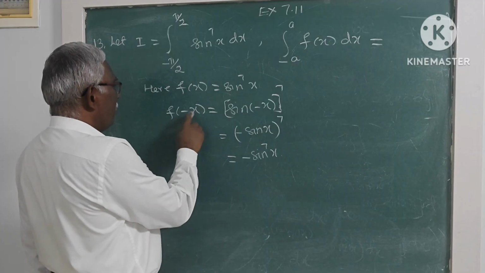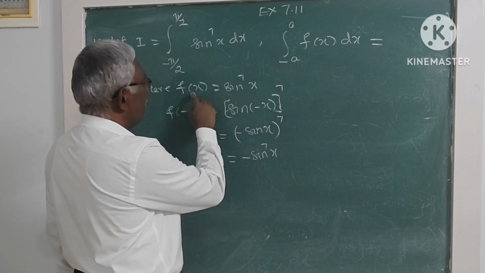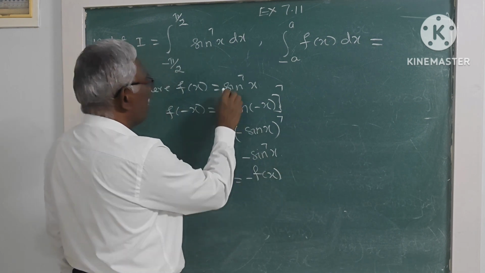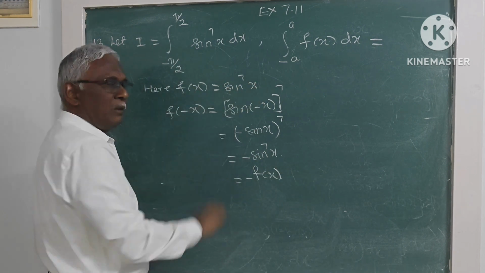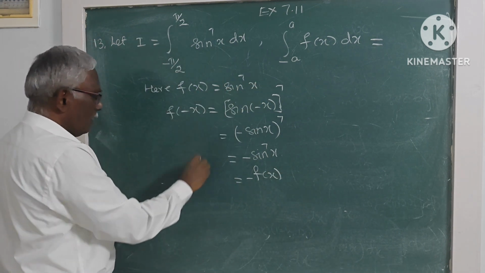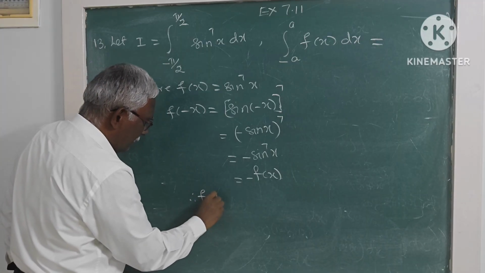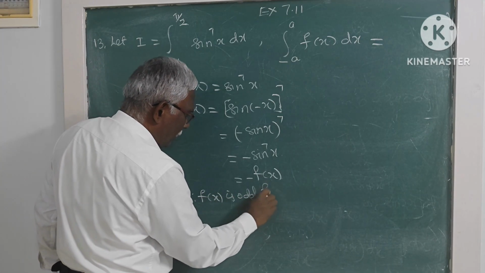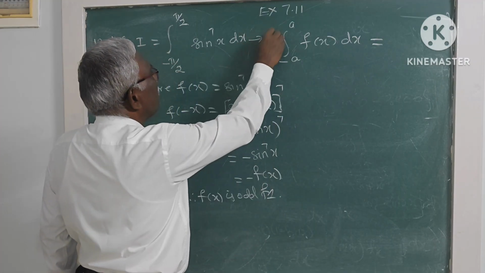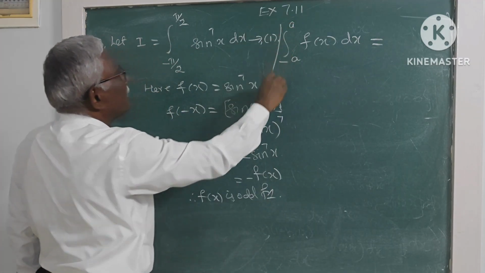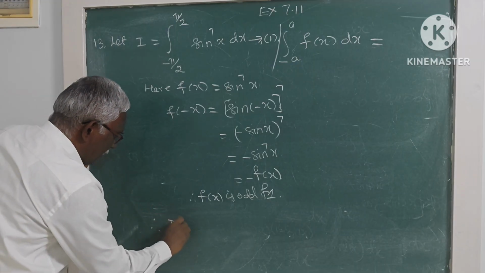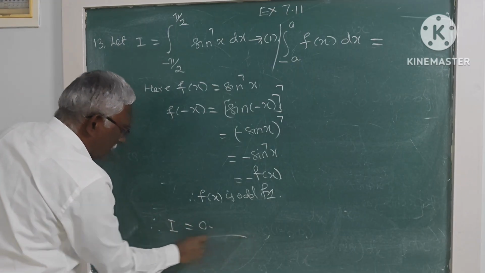That means f of minus x is equal to minus f of x. Sin x power 7 is f of x. So therefore f of x is an odd function, therefore the value of I is equal to 0.